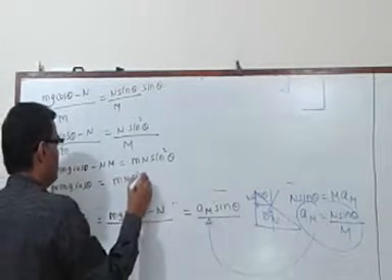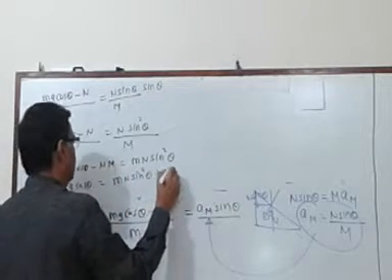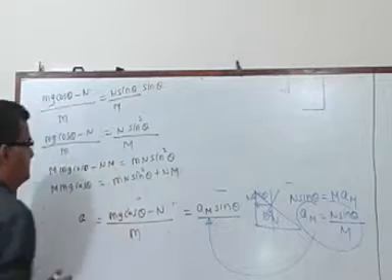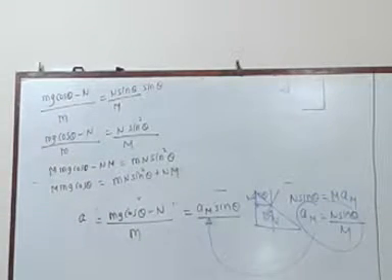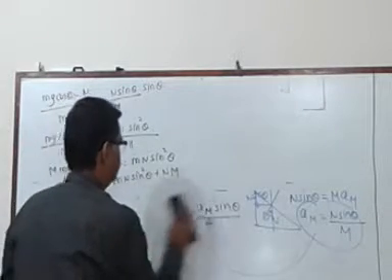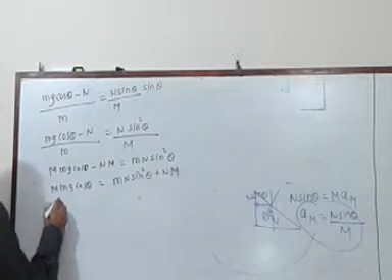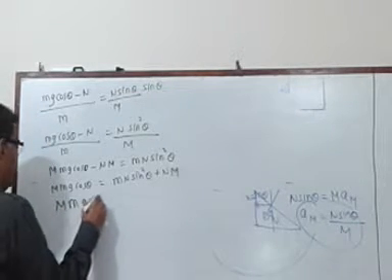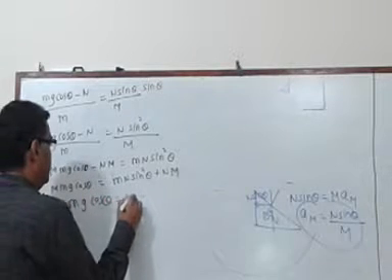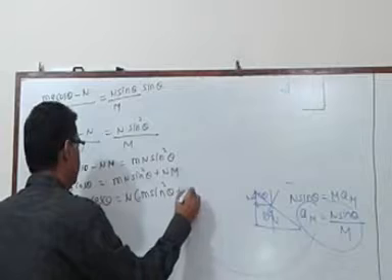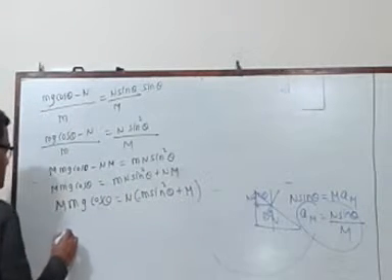It's mN sin square theta plus MN equals capital M into small m into g cos theta. Let me take N common. It's N times m sin square theta plus capital M. That is the end of our solution.